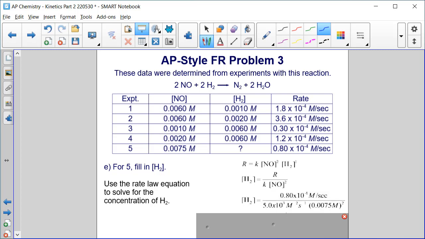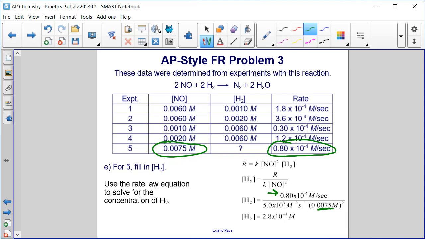Some of this is experimental data, right? The rate is experimental. The concentration of NO is experimental. But this value of K is the one we found back a couple parts back. So we're just using that answer here. Okay, so we can just plug our values in and solve, and we get the concentration of H2 is equal to 2.8 times 10 to the minus 4 molar.